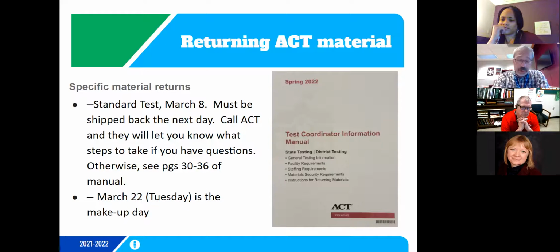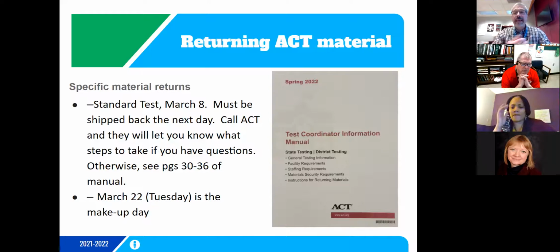Again, safety protocols would say they can't be mixed in with other students who are in attendance on a regular basis. You could potentially say, based on the numbers, they could be spread out in a room with other students from a virtual setting, because we can't have enough people to do a one-on-one test for each virtual student.